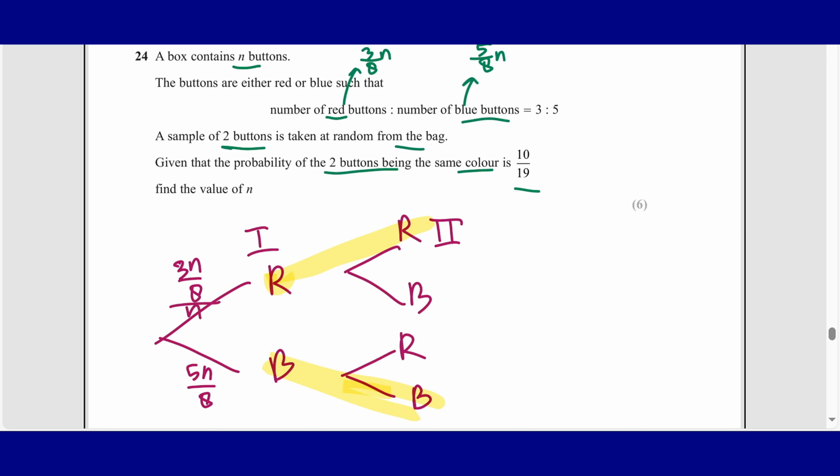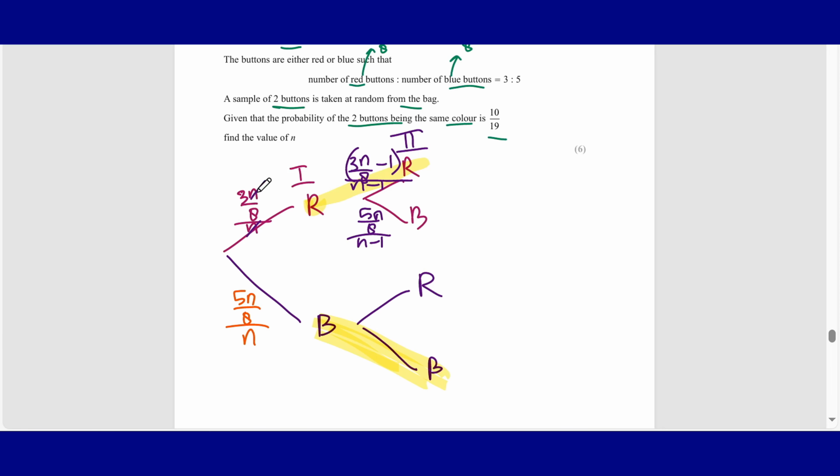Let's simplify this expression first. 3n/8 divided by the total number of buttons n, we cancel the n, it becomes 3/8, and 5n/8 over the total number of buttons n, we can cancel as well.